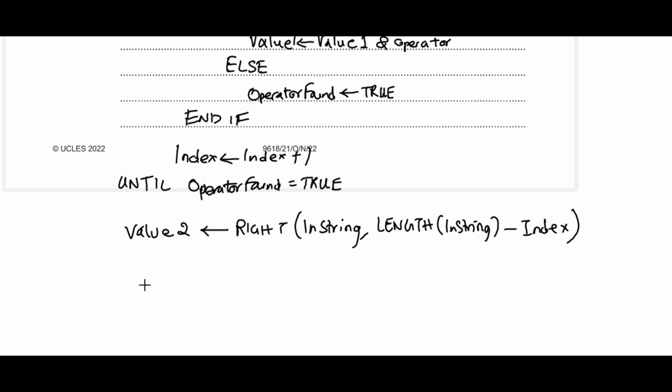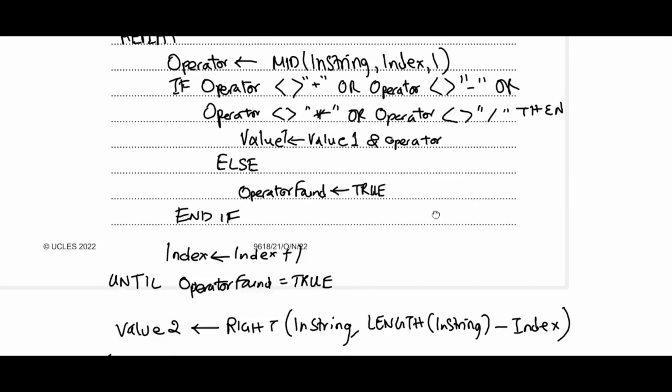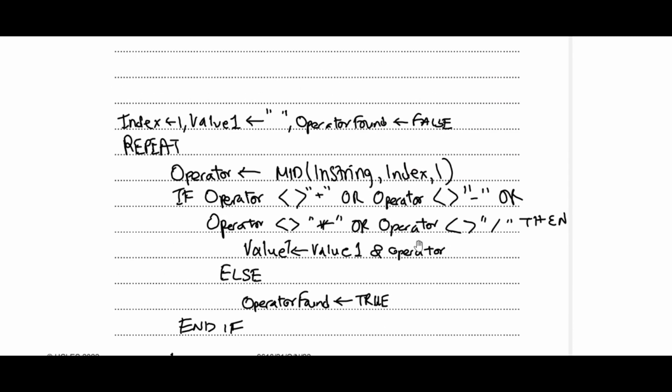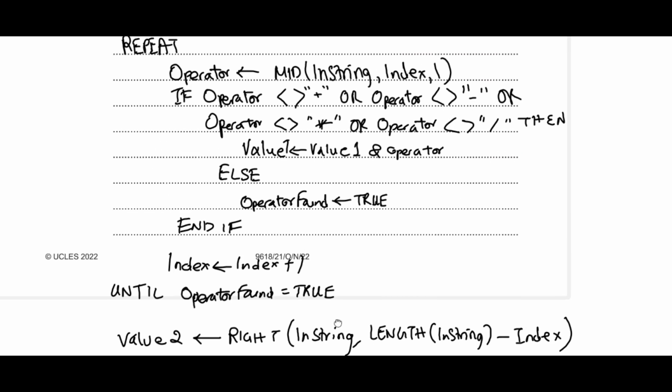Now I want to go ahead and use a case-of function for determining whether my operator was a plus or a minus or an asterisk, and calculate the required value from that, basically.